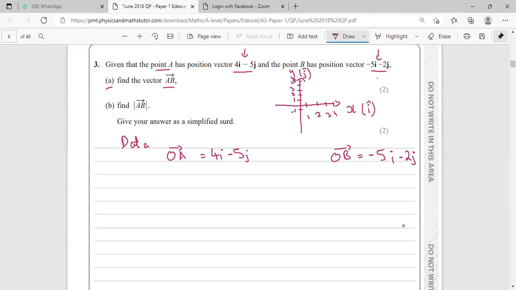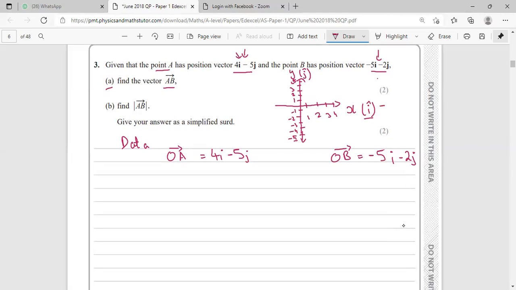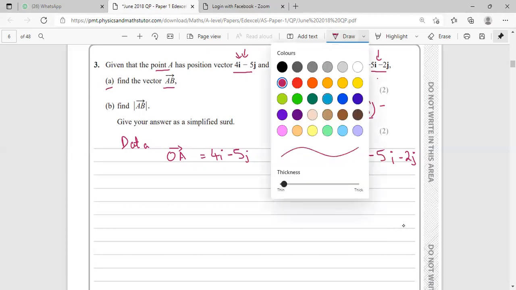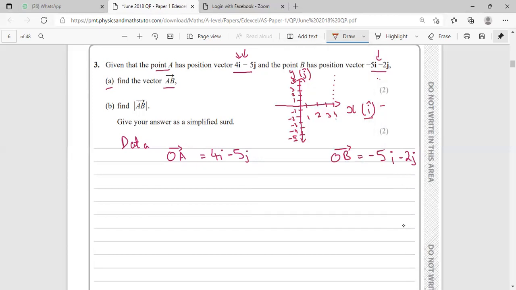Then minus 1, minus 2, minus 3, minus 4, and minus 5. So this is a rough diagram, a graph. We have 4i minus 5j. Even if you guys don't know this, we can still do it because we know this is i, this is j. Where would be 4i minus 5j? So 4 on i, this is the i-axis, this is 4, right? This is the line for 4. And then we can do for j using a different color. For j, we have minus 5j. So this is minus 5 and this is the j-axis.